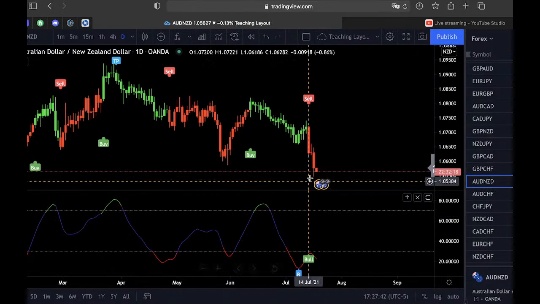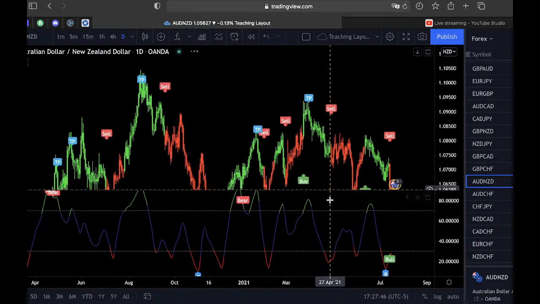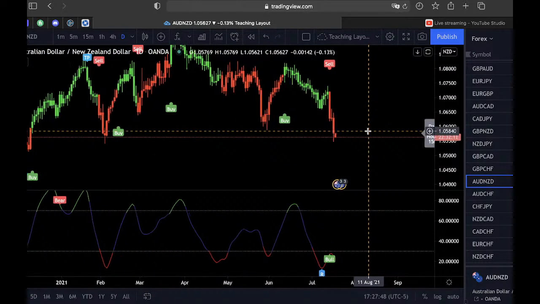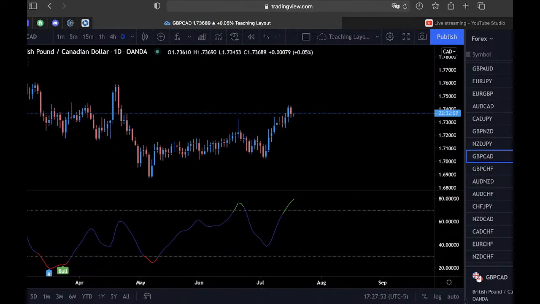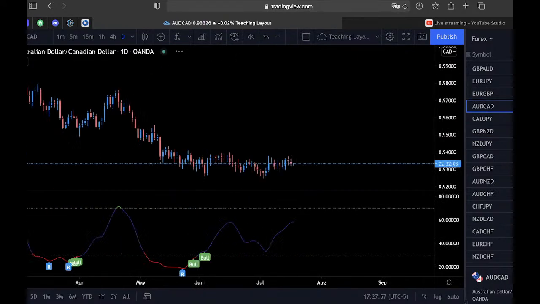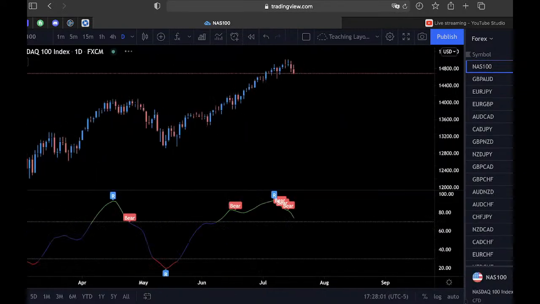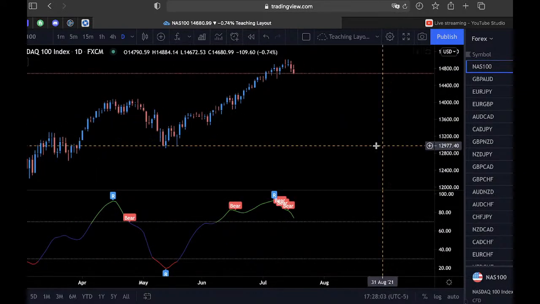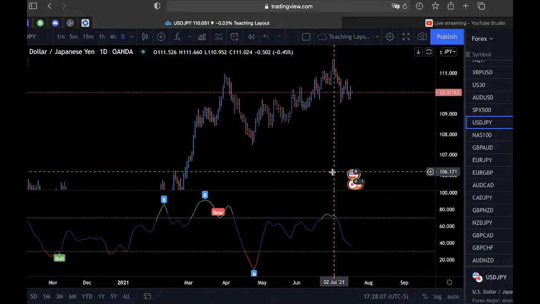So it triggered a reversal, but it only went up for about 4 candles before continuation to the downside. NAS 100, no. USD JPY.